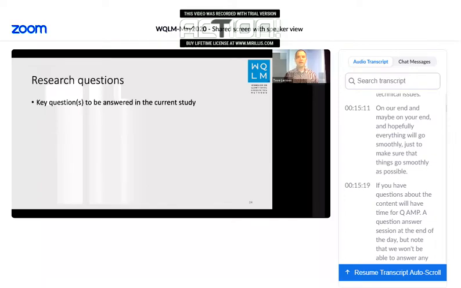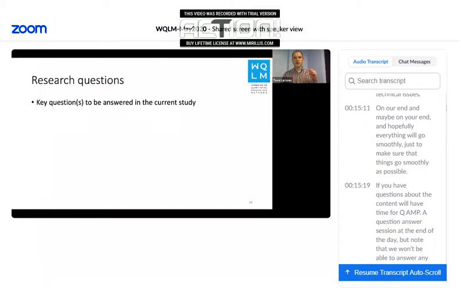I have a colleague who tells all of her students to write out their research questions on a sticky note, paste them to the monitor of their computer, and always remember what are the questions that are driving this research so that we don't get lost in the weeds.